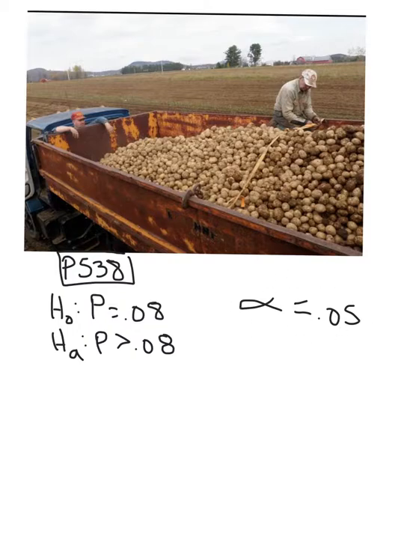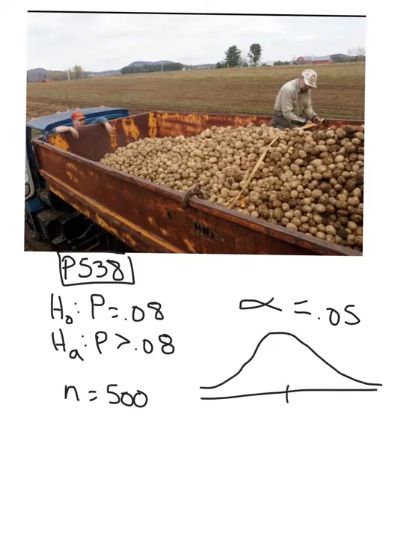But now we've got to figure out, well, what is that? If we take a sample, what is it that we need to do? Well, let's just say that we sample 500 potatoes. So our sample size n is going to be 500. You know where I'm going to go with this, right? Since it's an unbiased estimator, if I was to do this over and over and over again, I would suspect that the mean of p hat would be about 0.08.